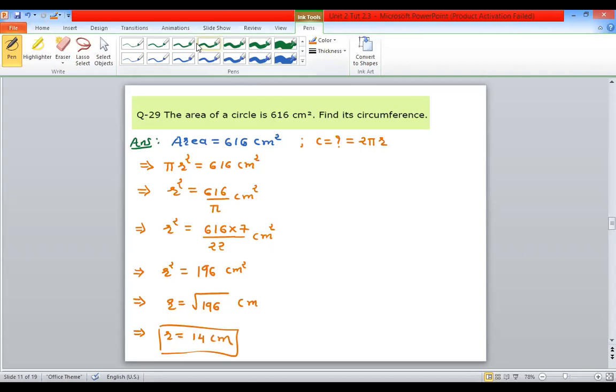Now, let me find the surface area, sorry, circumference. So C is equal to 2 pi r. Put all values: it's 22 by 7 and r is 14. Look here, students, 7 into 14 cancels. 22 into 4, it's 88, but in centimeter.